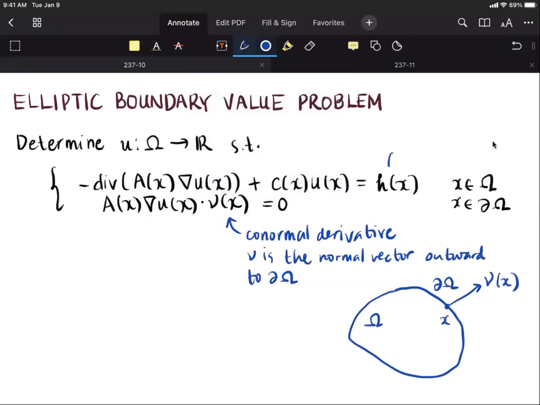And you can think of h here as the heat source, and u as the temperature distribution.